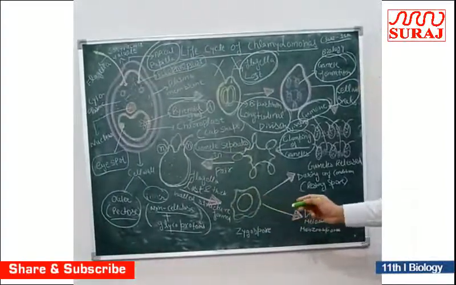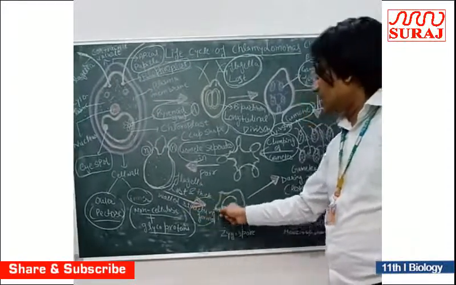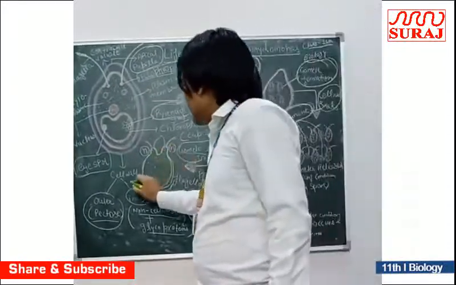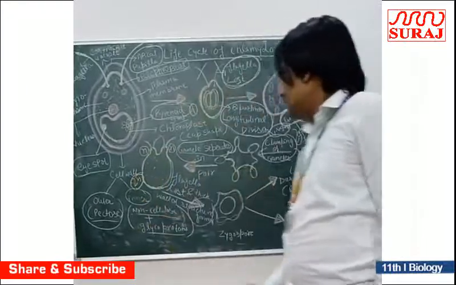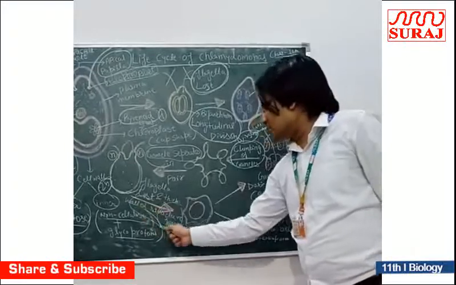Through fertilization the flagella are lost and a thick walled structure is formed. When n and n conditions meet, what is formed? The 2n condition.